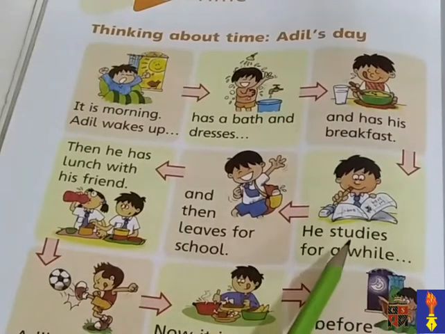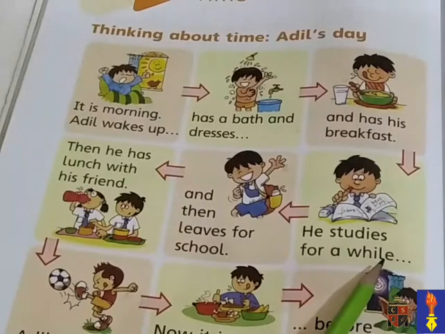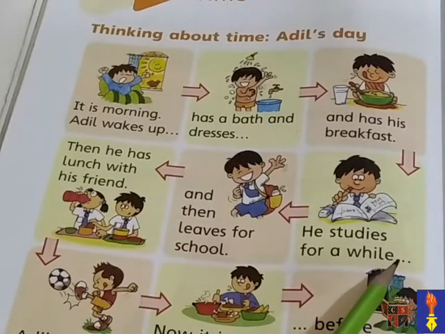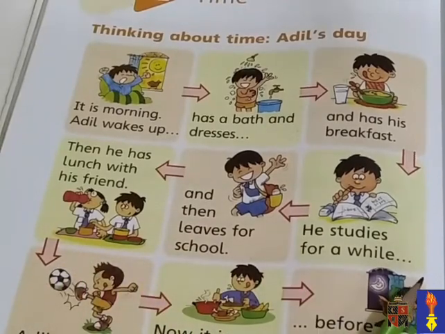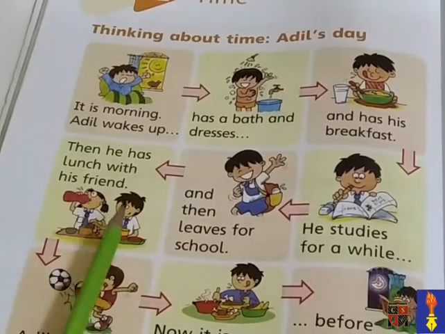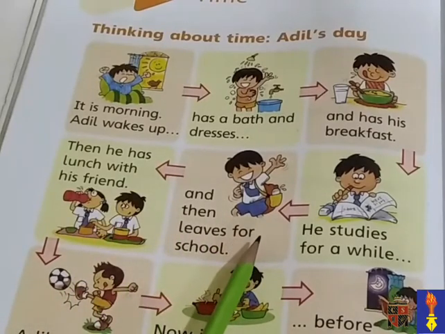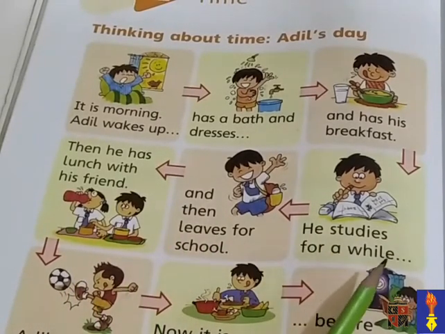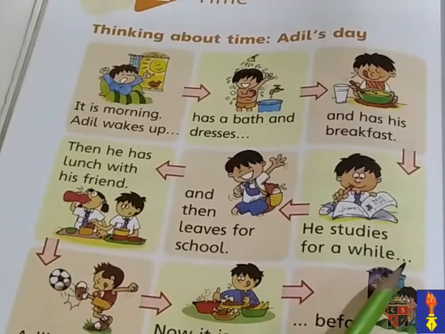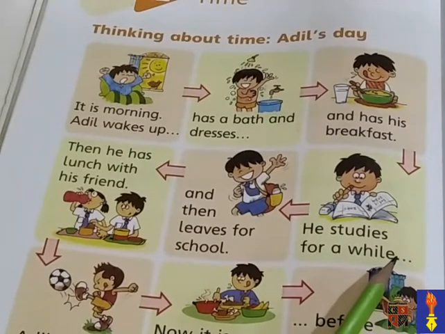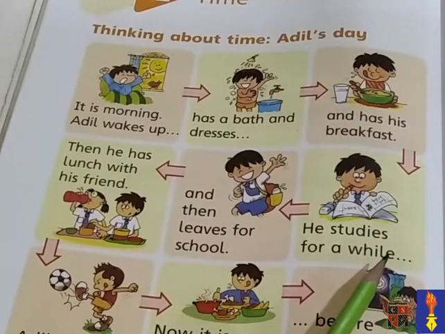Okay, and he studies for a while at afternoon time. Then when he takes lunch, he leaves for school, and then he studies for a while, like you doing your homework at home. Is Adil also doing his homework at home?